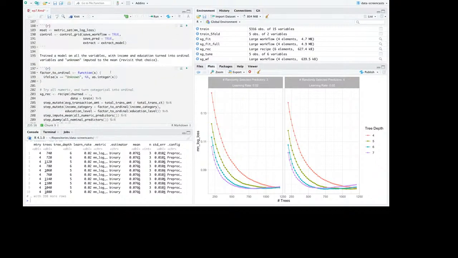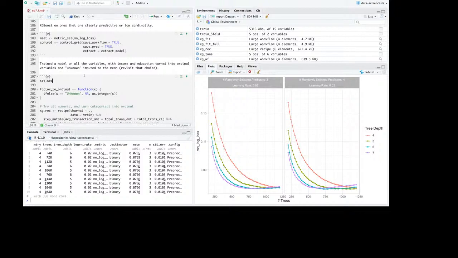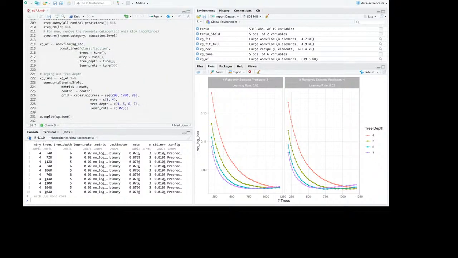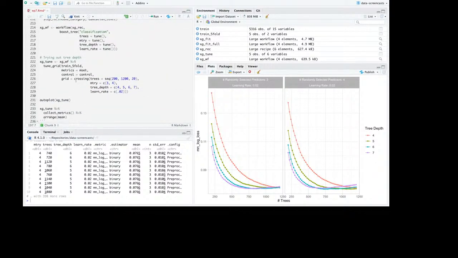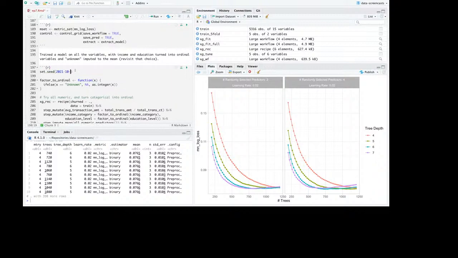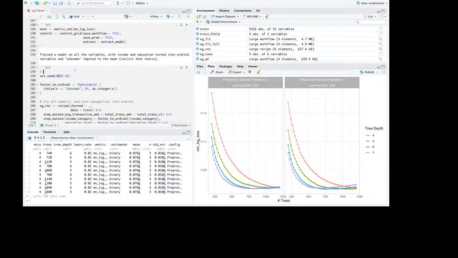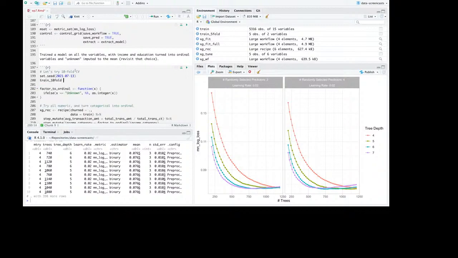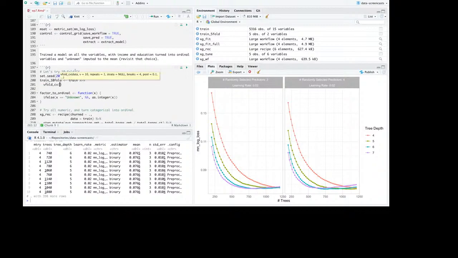So I'm going to do a couple things. I'm going to try set seed 2021. I'm going to reduce the role of luck. No, I'm not going to do that. Yeah, I am, actually. Train tenfold is train.